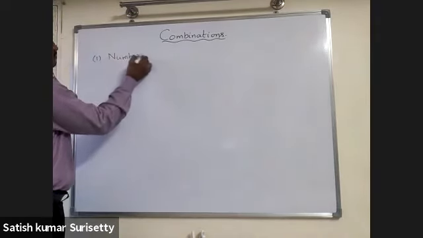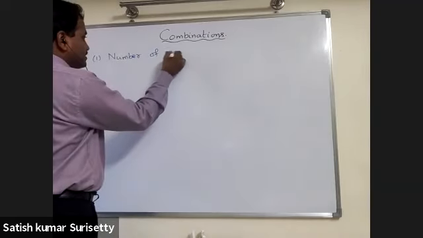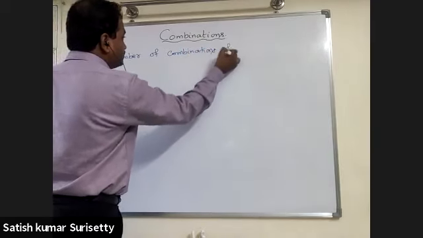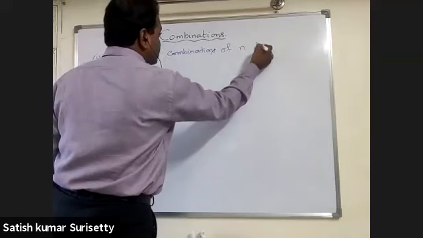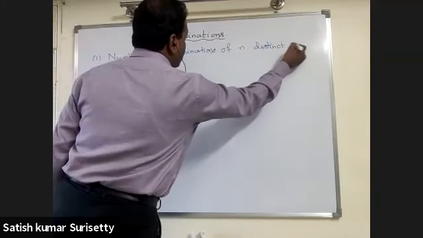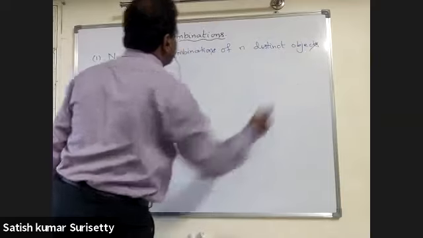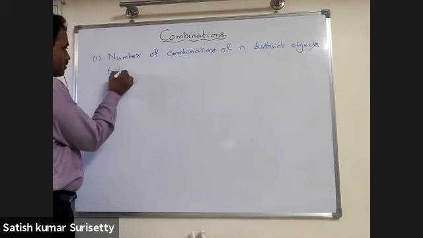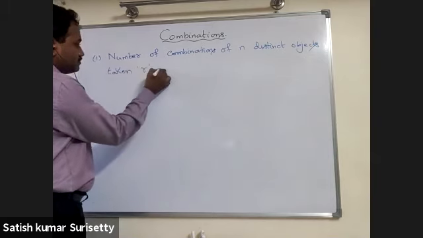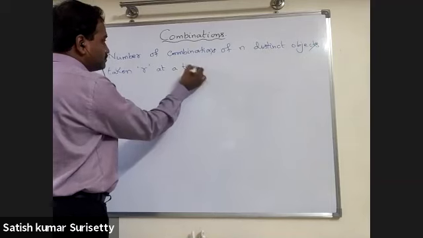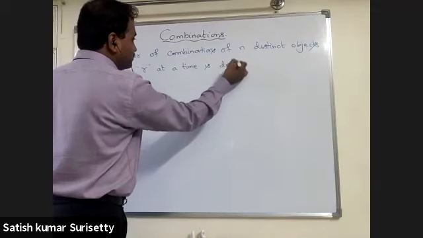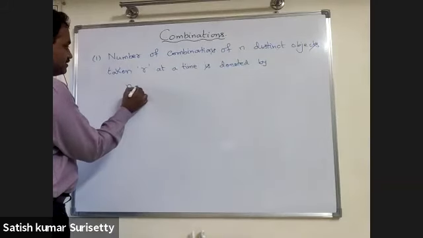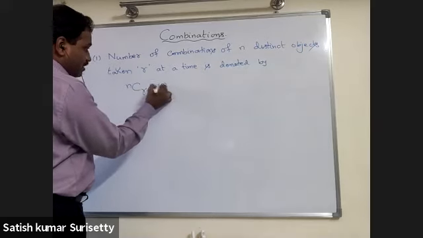Number of combinations of n distinct objects. Number of combinations of n distinct objects taken r at a time is denoted by nCr.